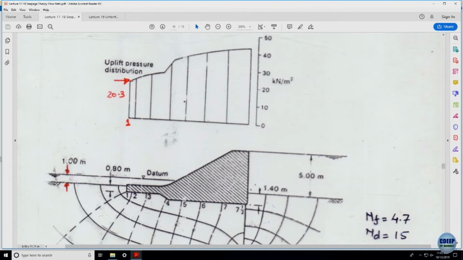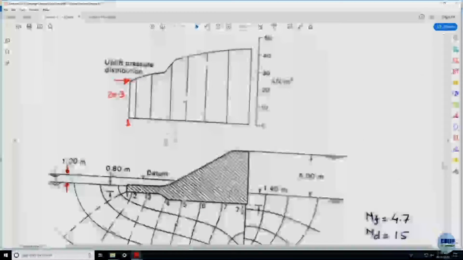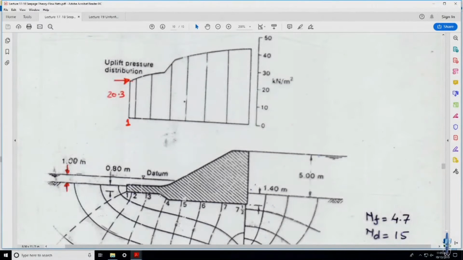It might so happen, suppose if I want to find out the pore water pressure between 3 and 4, let us say some point 3 prime, what I will have to do? I will have to refine my flow net in such a manner that one of the equipotentials passes through 3 prime. So, in that case the whole flow net will get changed. This is what somebody was discussing yesterday, and I was talking about the precision of the flow nets. Alright.